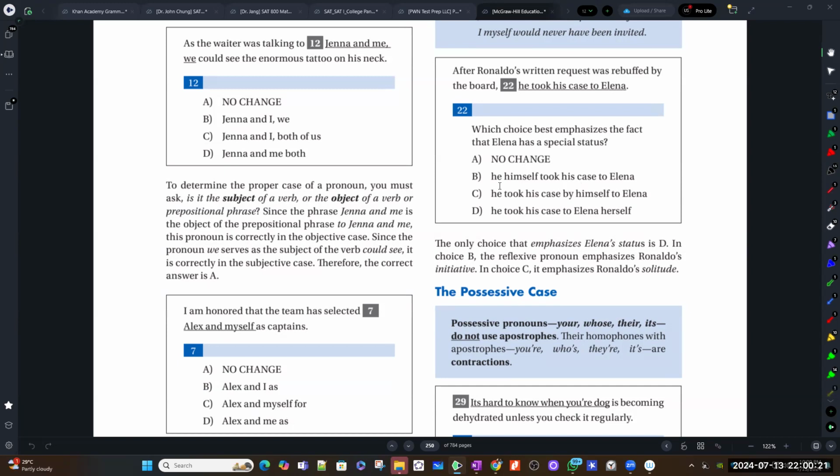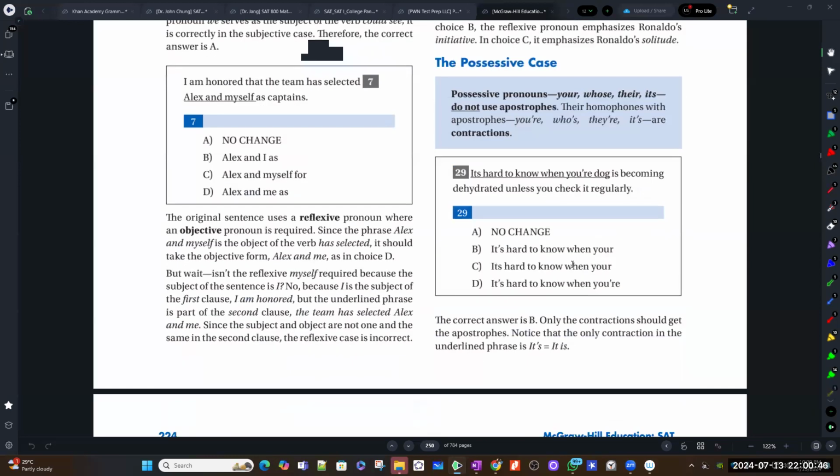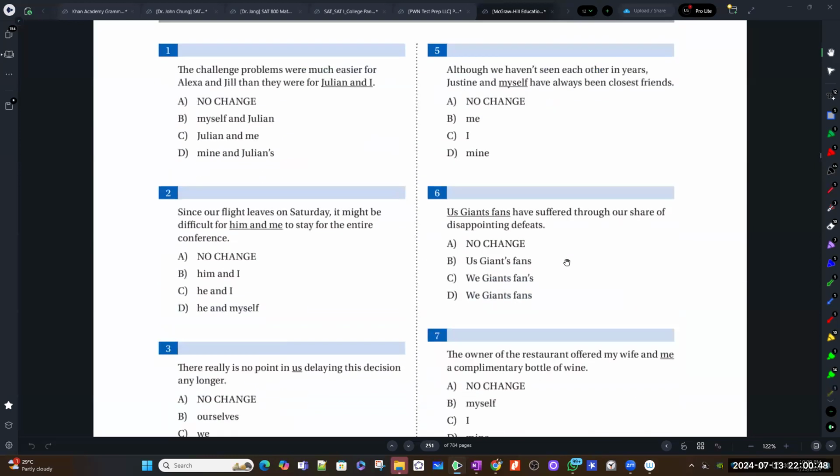B, he himself took his case to Elena. He took his case by himself to Elena. C won't be correct. It depends. So this is weird. It depends. There could be quite a few options here. Ignore this one. It's not good practice. This one's an okay practice.